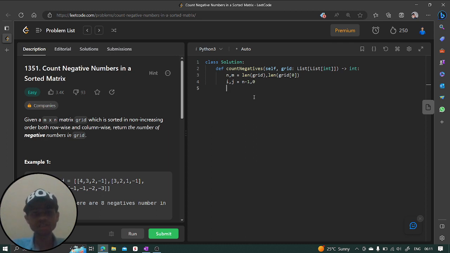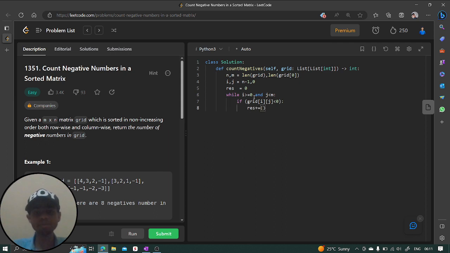Once this is done, we say while I is greater than or equal to 0 and j is less than m. While this condition is satisfied, you can move ahead. Here we also define result, which is going to be 0 initially, as we don't have any negative number. If grid of I and j is less than 0, then we first take all the elements next to it, because this is non-increasing order.